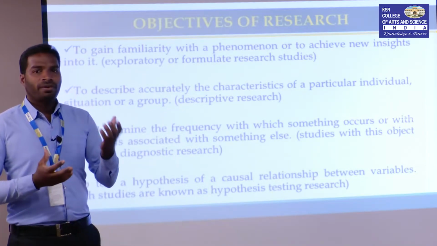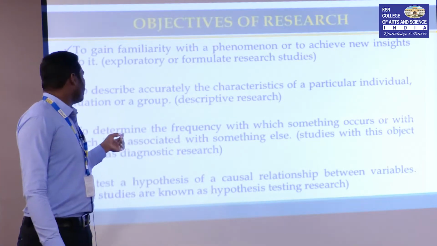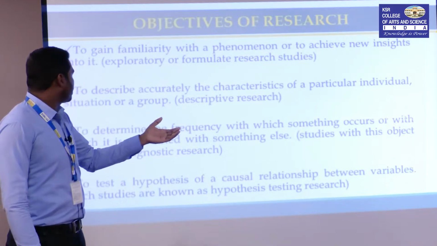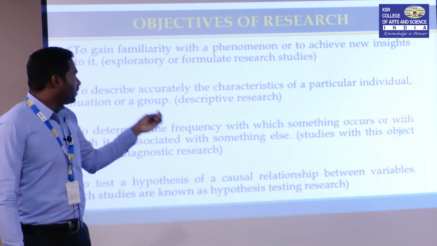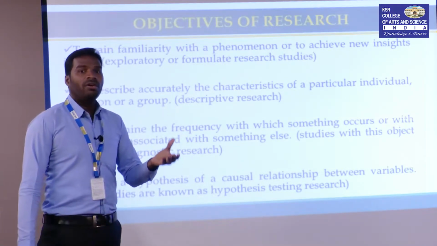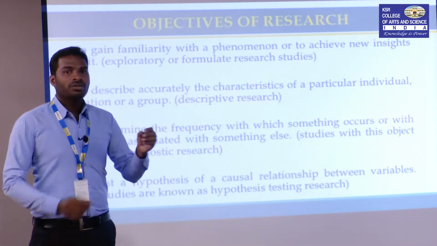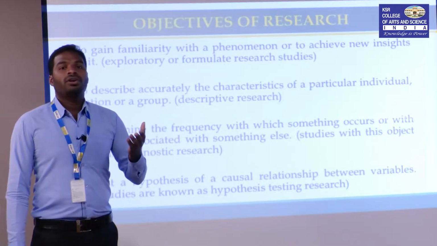So we have to find which is the problem in the group, and to determine the frequency with which something occurs or with which it is associated with something else. So we have to find the frequency of mistakes. For example, a group is given a target, and whether they are making some kind of mistake frequently, so they cannot achieve the target.